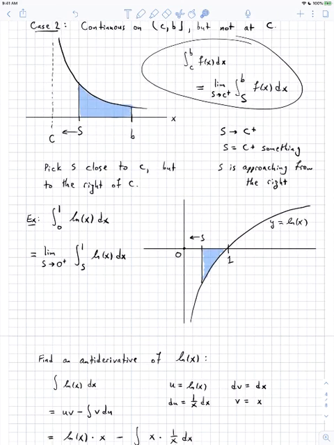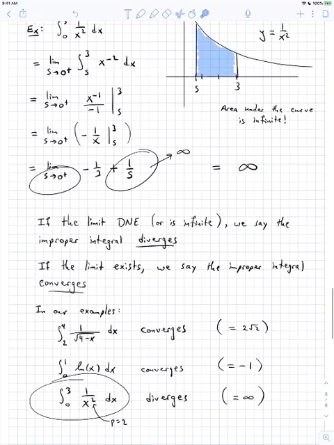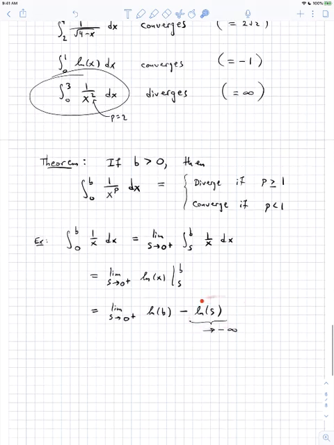This is ln of x, and as you go to 0, it's dropping away to negative infinity. So this limit right here is negative infinity. Ln of b is just some constant, minus a negative infinity, so you're going to end up with positive infinity. So this one diverges.